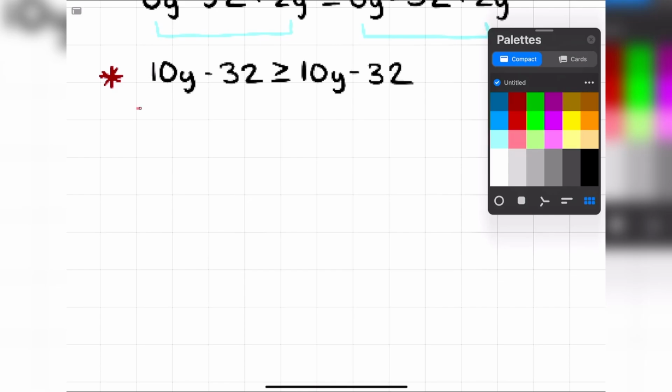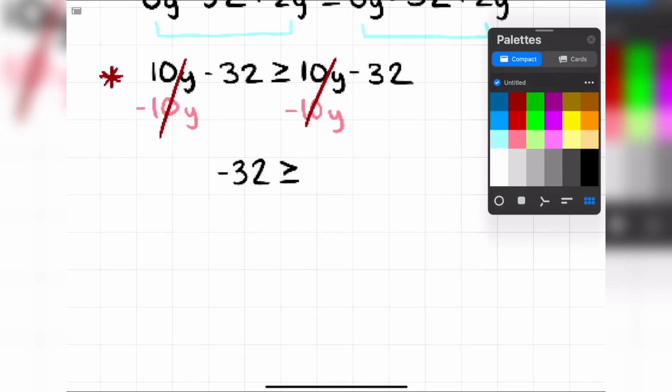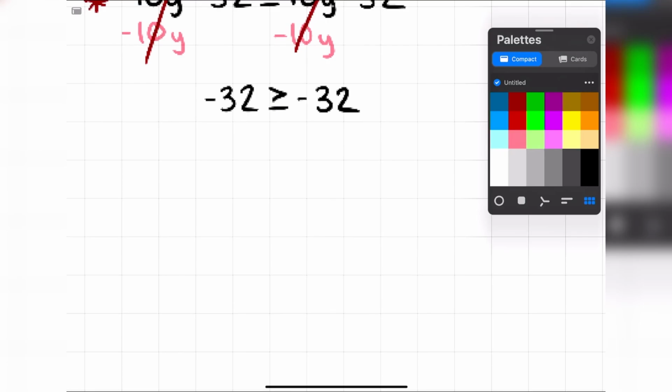So now you continue to get negative 10y, negative 10y. That'll cancel out this guy, and that'll cancel out that guy. Now you're left with negative 32 is greater than or equal to negative 32. Then you can add 32 to both sides, which will cancel out this guy and this guy, leaving you with 0 is greater than or equal to 0.